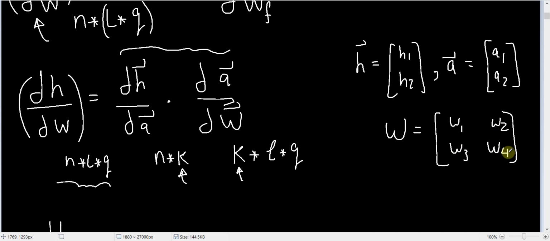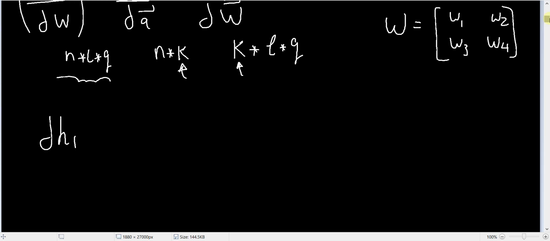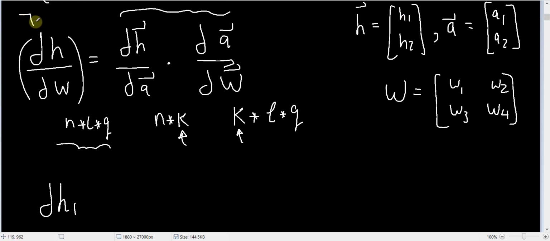and of course all the conclusions we reach will be easily generalizable to different dimensions, but for this specific case let's try to get dH1 and dH2, which combined together can be used to get this vector right here. So I'll try to get this vector right here in a different way other than performing this multiplication, and from this other way we will be able to tell how to perform this matrix tensor multiplication.